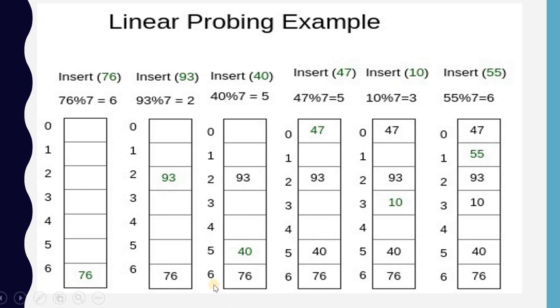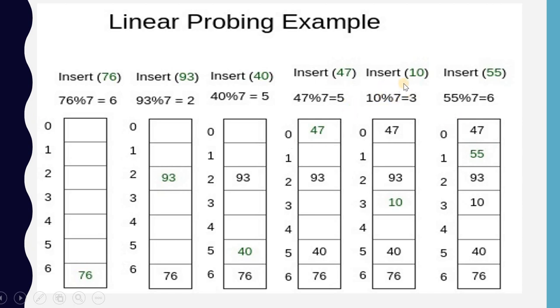After 5, plus 1 is 6, which is not empty. Plus 1 is 7, and 7 mod 7 is 0. So it's always a circular table. The hash table is circular, so you start again with index 0. Now index 0 is empty, so you can insert 47 at location 0.